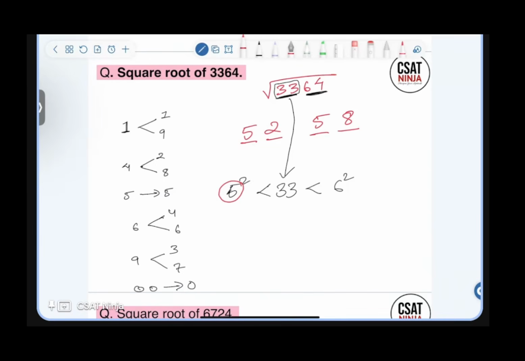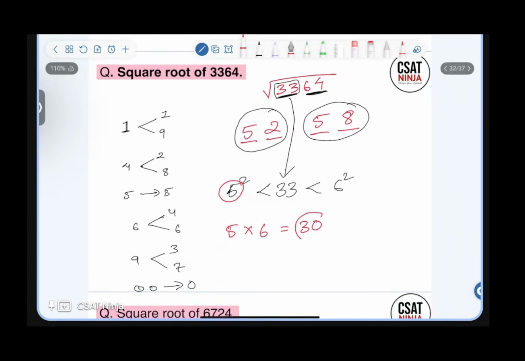So we have formed the number, but we still don't know whether the square root is either 52 or 58. Then how can we decide which one is the answer? Next step is you multiply 5 into 6. 5 times 6 is 30. And you take this number and compare it with this one.